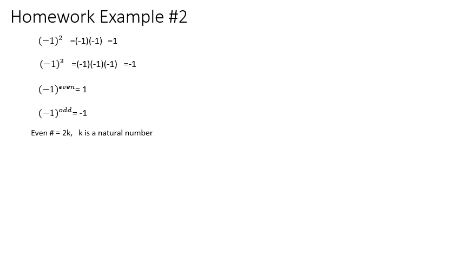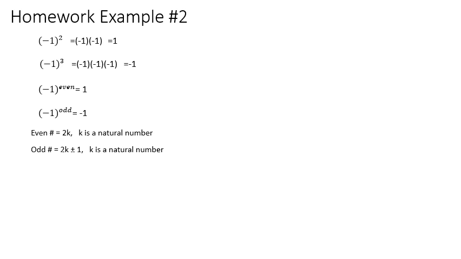An even number can be written as 2k, where k is a natural number. So any natural number 2k will represent an even number. An odd number can be written as 2k plus 1 or 2k minus 1. You're going to need that for your homework.